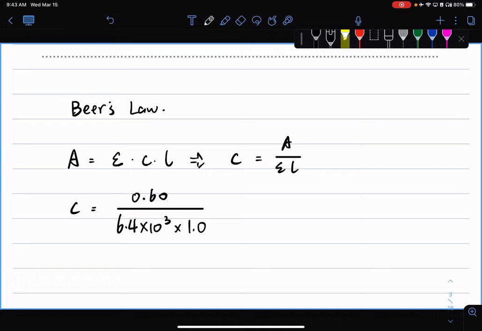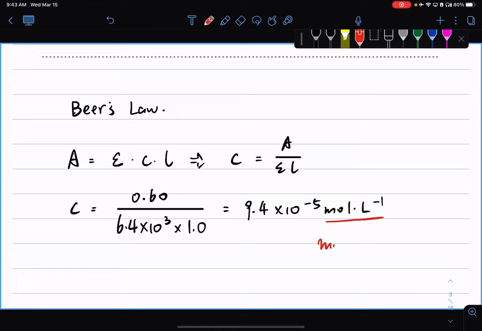Note that the units are in centimeters in both cases, so just keep that in mind. Doing that calculation, we get the concentration to be 9.4 times 10 to the negative 5 molar.